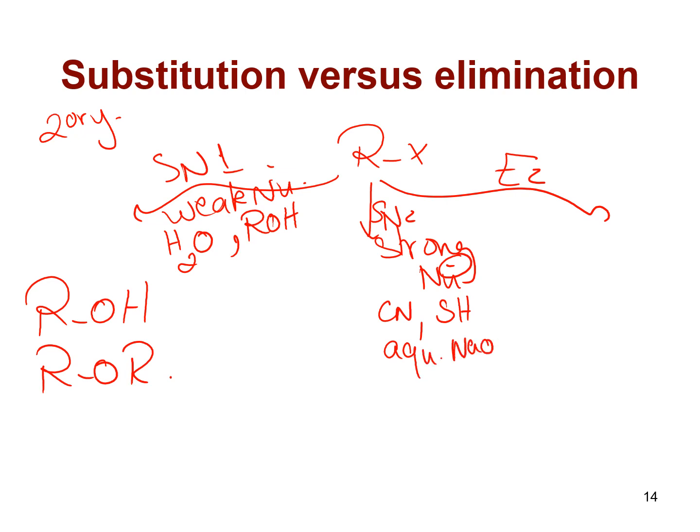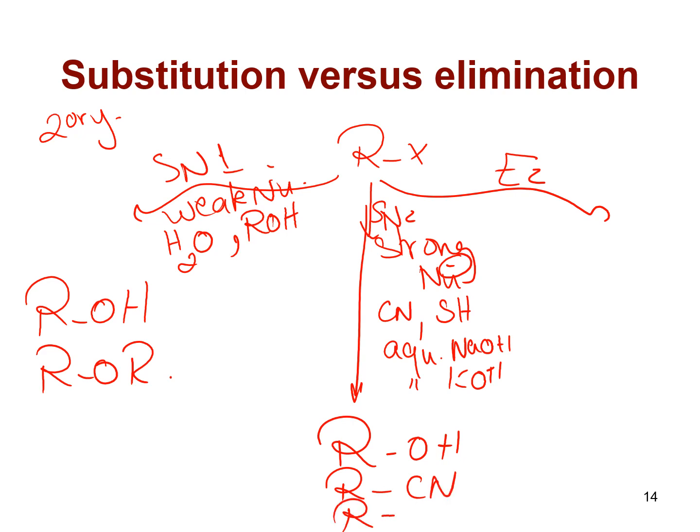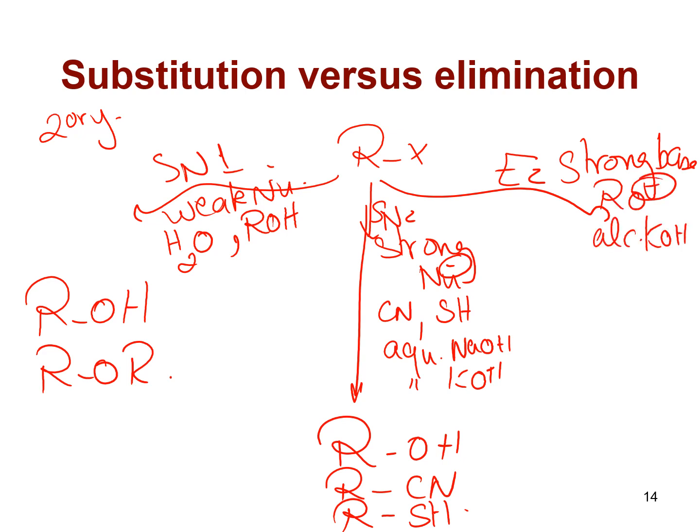all these will proceed through the SN2 mechanism. If you have a strong base, examples of which are the alkoxides or the alcoholic potassium hydroxide or alcoholic sodium hydroxide, you will proceed through the elimination mechanism.